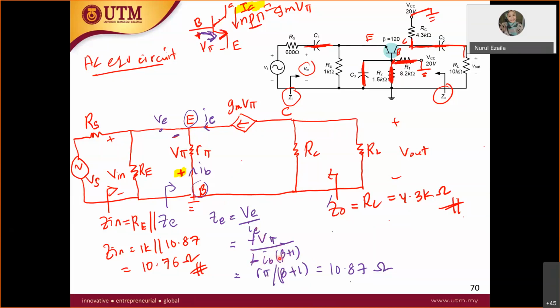I didn't take it as IB, I took IE over here, but I changed to IB beta plus 1. But why negative? Because IB in this case is in the opposite direction, so it is negative, and I put negative over here. Are you clear? All right, thank you.